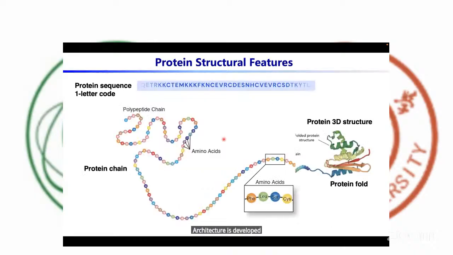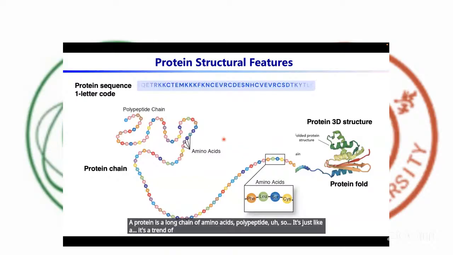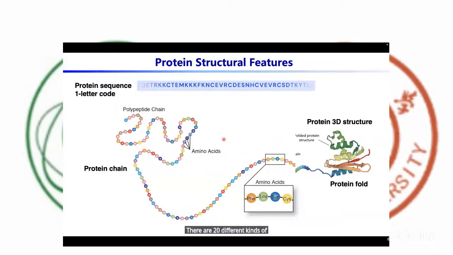So we start from the fundamentals of biology. Perhaps most of you already know a protein is a long chain of amino acids, a polypeptide. It's just like a strand of beads connected one after another. There are 20 different kinds of beads.